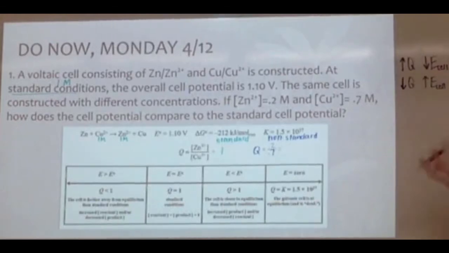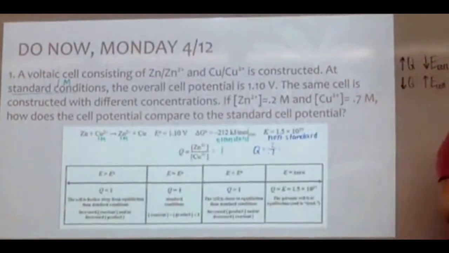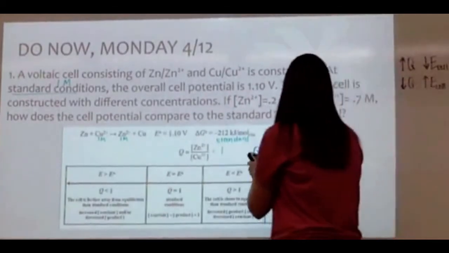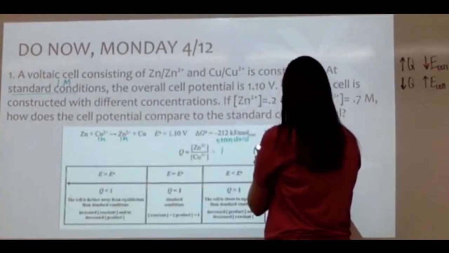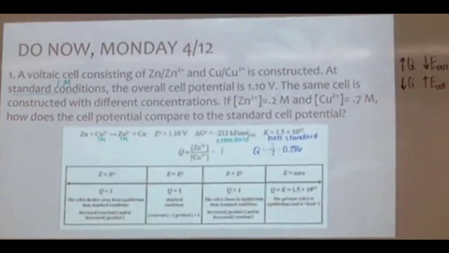If this were a multiple choice question, you wouldn't even need a calculator. If we want the actual value, it's 0.286. So Q is less than 1.